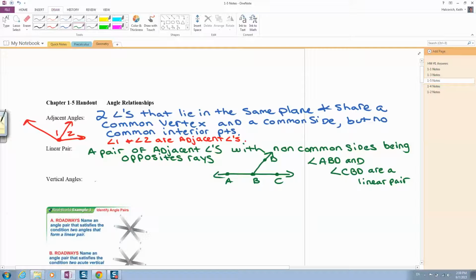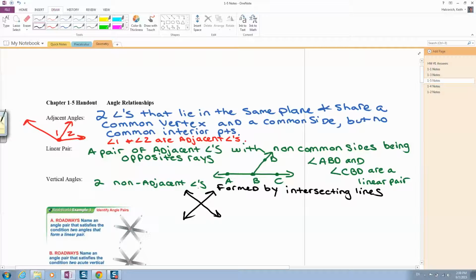Vertical angles are two non-adjacent angles formed by intersecting lines. So if you draw a pair of intersecting lines here, notice you have four angles.